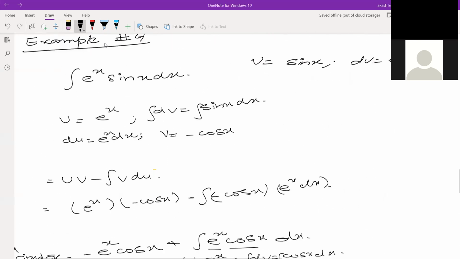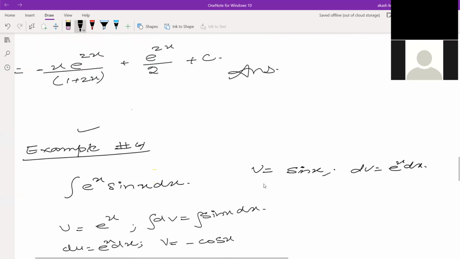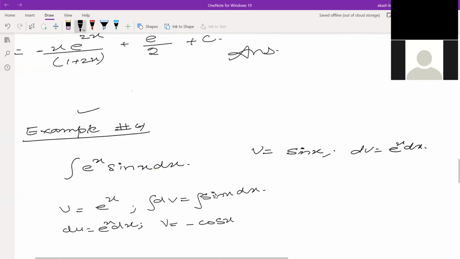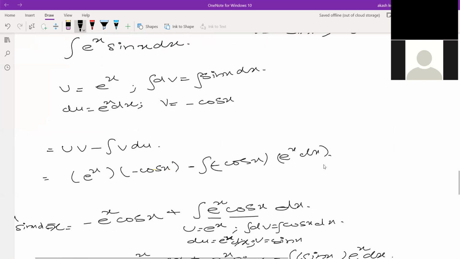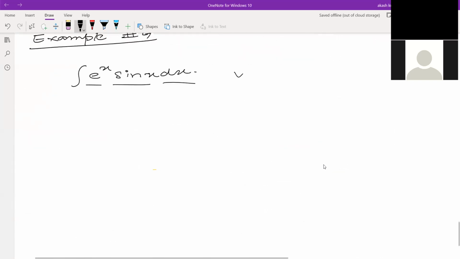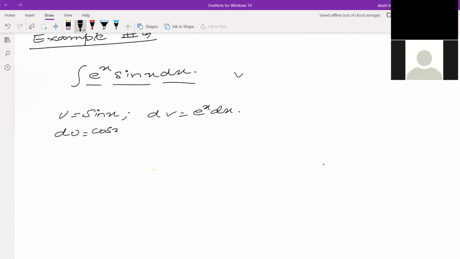In the previous parts, we were taking u as sin x. Now, because we know that both functions are irreducible, we can take whichever u and whichever dv. In the first part, I took u as sin x. Now, this second time, I'm taking u as sin x and dv as e^x dx. From u to du, I have to differentiate it, so it becomes cos x dx.